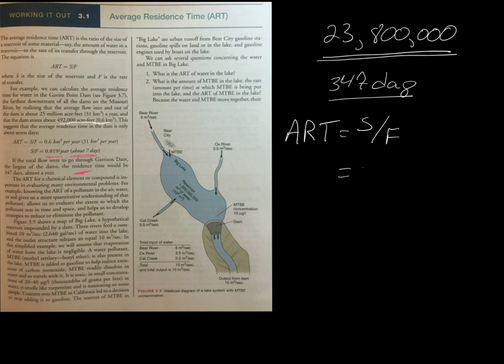If you take 23,800,000 and you divide it by the 25 million acre feet per year, right?